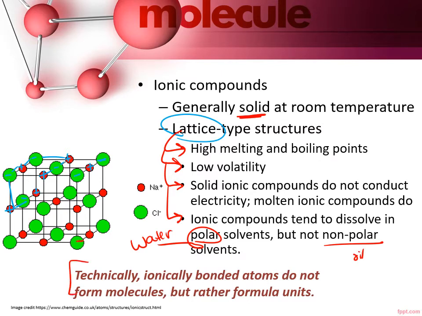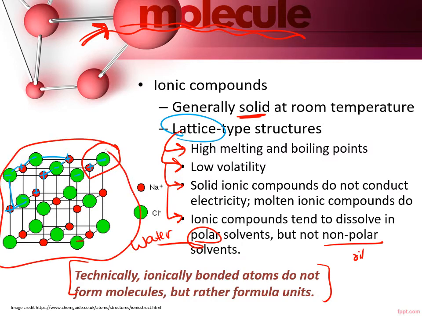And then a little bit of vocabulary. When we talk about covalently bonded things, we're going to use the word molecule. We really shouldn't use molecule when it comes to ionic compounds. This is not a molecule of sodium chloride. This is also not a molecule of sodium chloride. Sodium chloride is going to come in some ratio of sodiums and chlorides that are stuck in this lattice structure, and it might be 100 to 100, or 1,000,000 to 1,000,000, or 1,000,000,000 to 1,000,000,000.